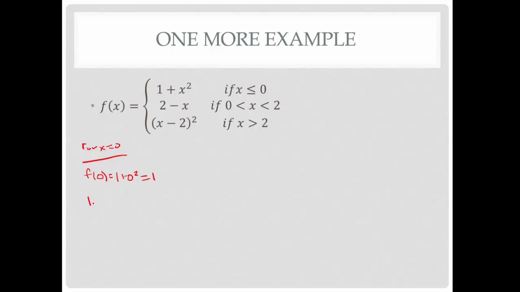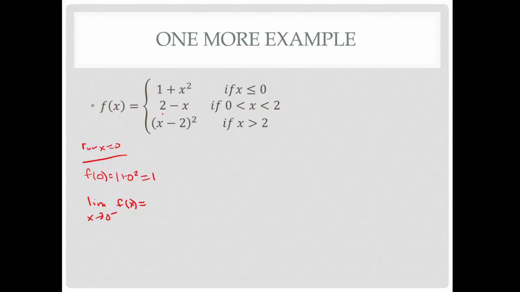We also need the limit as x approaches 0. To determine that, to find the overall limit, we need to look at the left-hand limit and the right-hand limit at 0. So as we come at 0 from the left, that means you're coming at 0 from numbers slightly smaller than 0. So which piece contains numbers slightly smaller than 0?